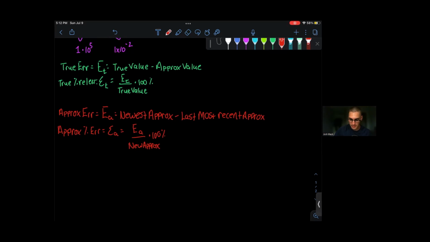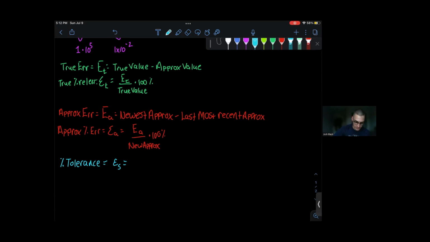We are then introduced to something called our percent tolerance. This is called epsilon S. Our percent tolerance is our stopping criteria in numerical solutions. So if we were to have to do an iterative method, we would stop when our approximate error is less than our percent tolerance.